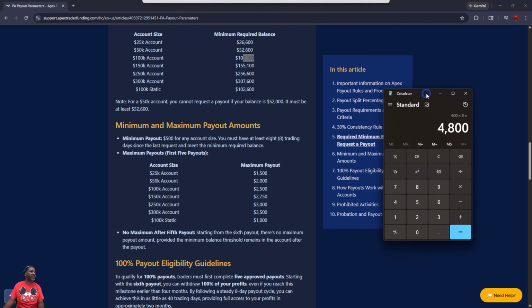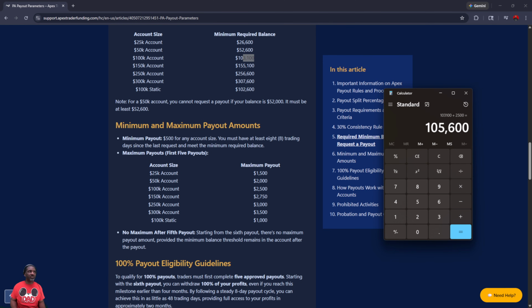So if you're looking at 100 plus 2,500, all right, so you're looking at 5,600, right? So you got to make 6,000 to pass, and then 5,600 in order to request 2,500 and stay above your buffer, right?